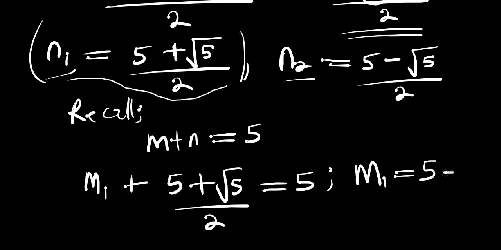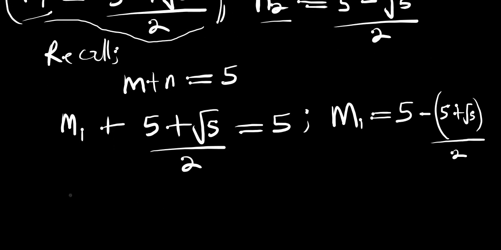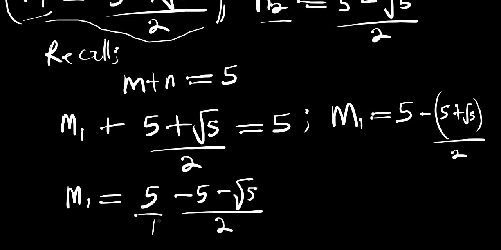Then we have minus 5 plus root of 5, and this is divided by 2. So from here we have m1 equals, let's multiply everything with that negative. You're going to have 5 minus root of 5 divided by 2, and this is over 1.